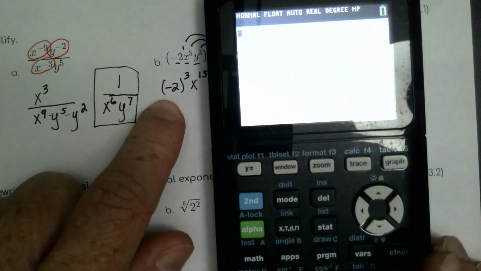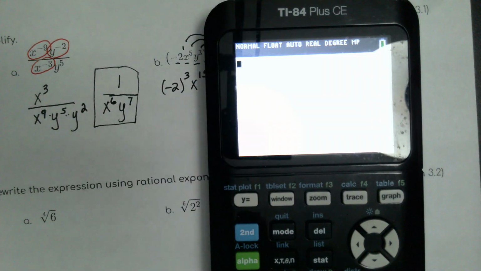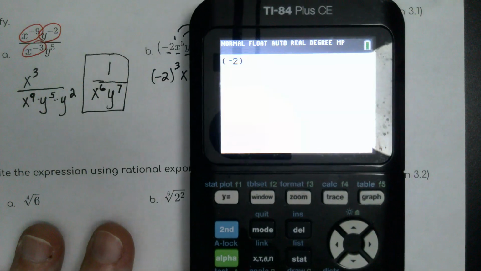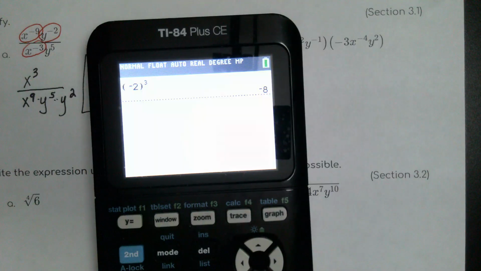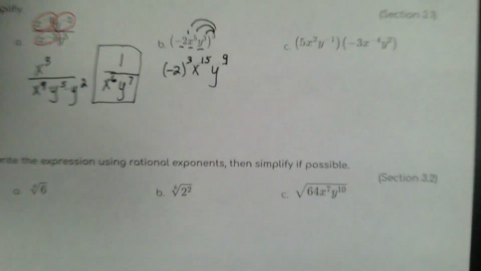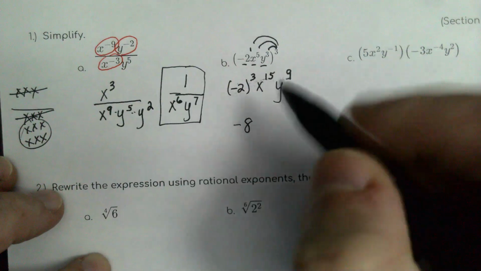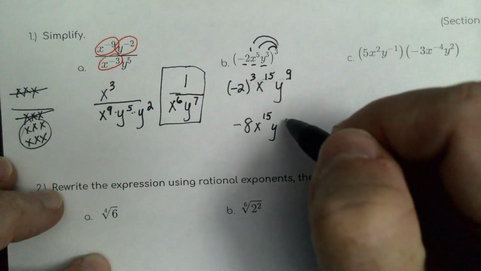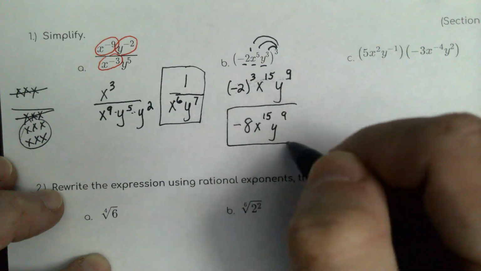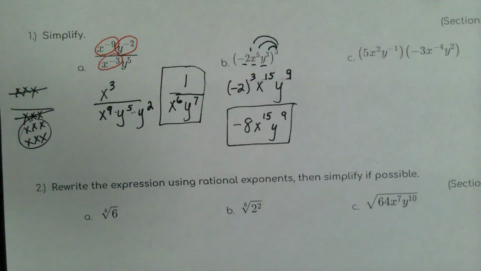Now, when it's negative, make sure you're using parentheses or you will get a possible wrong answer. So I'm raising that to the third power, and I get negative 8. Negative 8, x15, y9. There is the simplified answer.